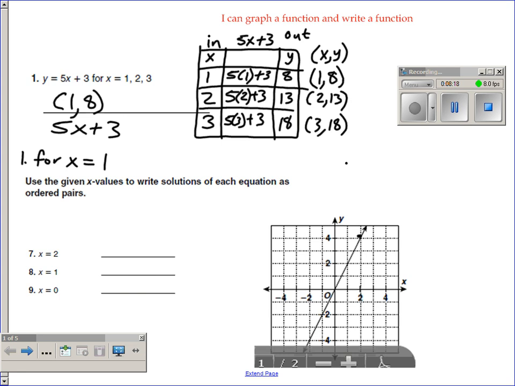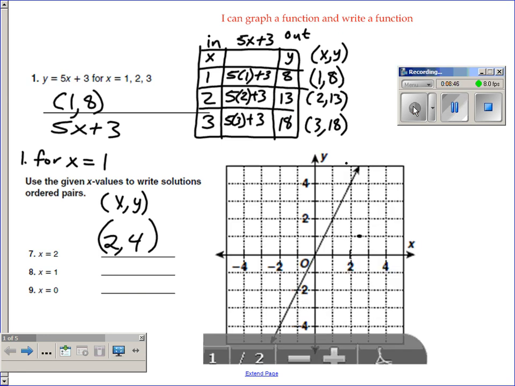So over 2, up 4, my ordered pair would be 2, 4. Okay? So you tell me when X is 1 and when X is 0, what is the ordered pair? And just keep in mind that ordered pairs are always X first and Y second. Okay? I'll give you a few moments.